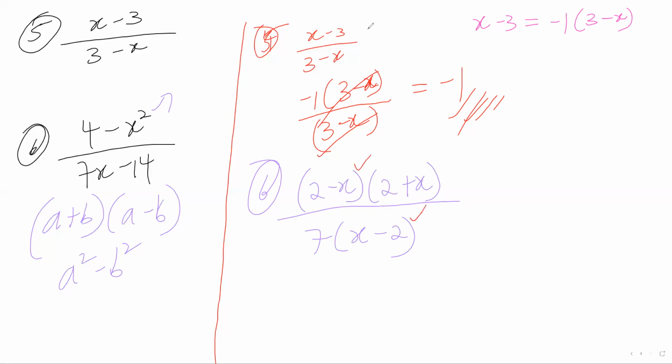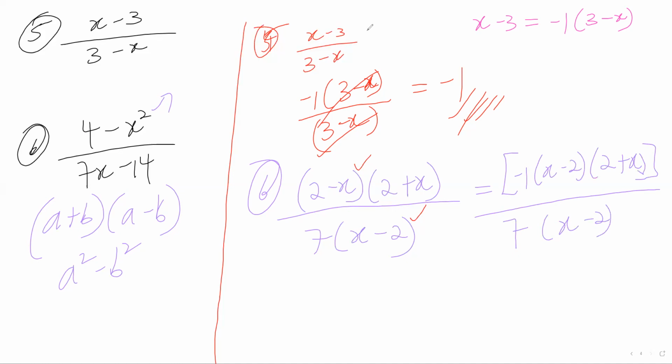This and this are the same, but one has a factor of -1. So let's rewrite the numerator as -1, x minus 2, 2 plus x, and 7 times x minus 2.